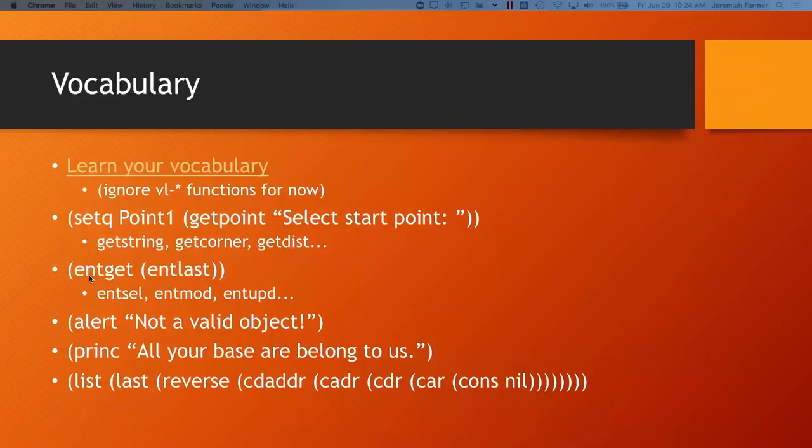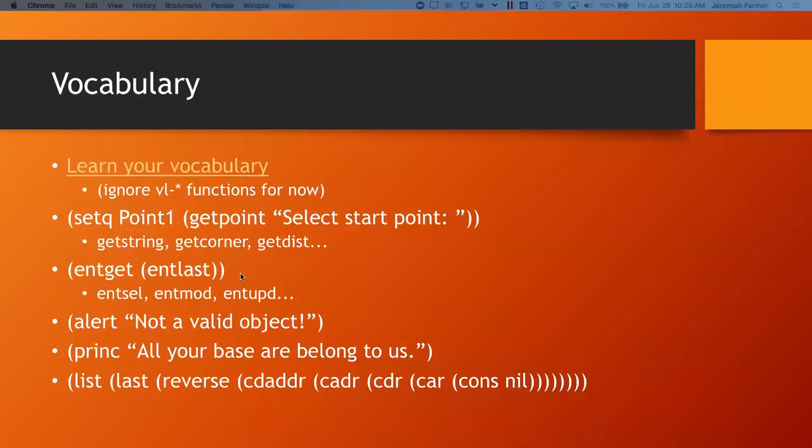We're going to need to access the objects in AutoCAD. So that's entget, which is for entity get. It's going to get the entity definition. In this case, the last entity. So this statement, if I just simply copy and paste entget entlast, it'll return the entity definition of the most recently created object in model space. That's obviously very handy and very slim, again, in terms of the code.